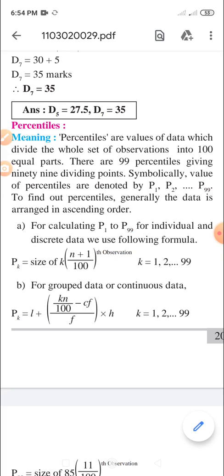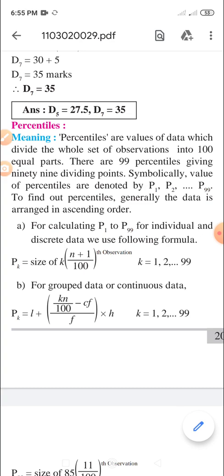So what is meant by percentiles? Percentiles are the values of numerical data which divide the whole set of given observations into 100 equal parts.